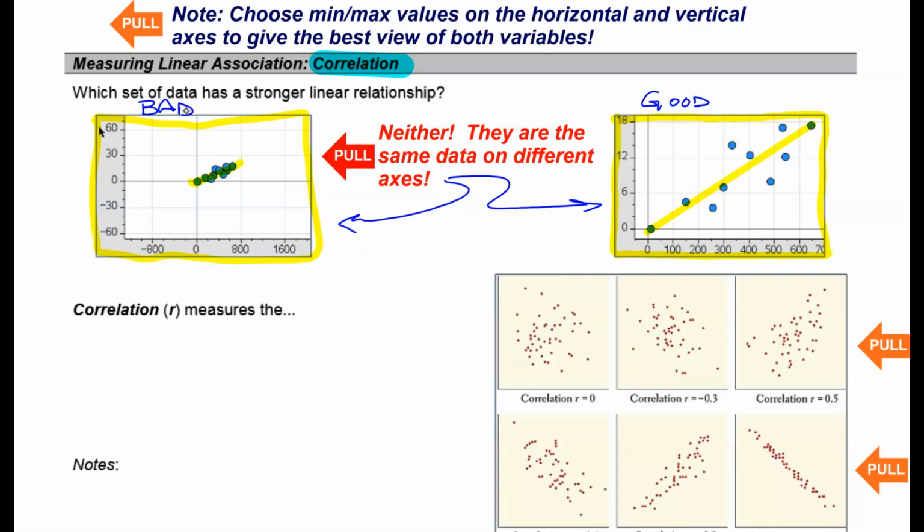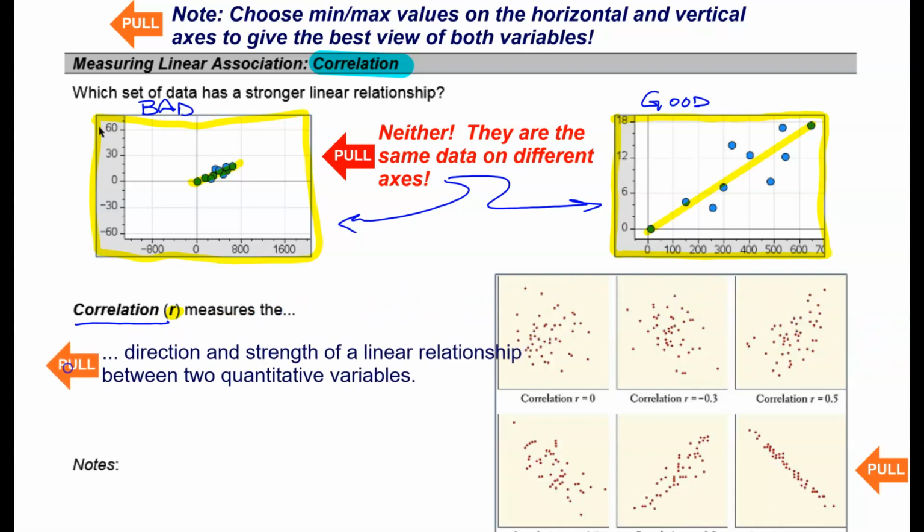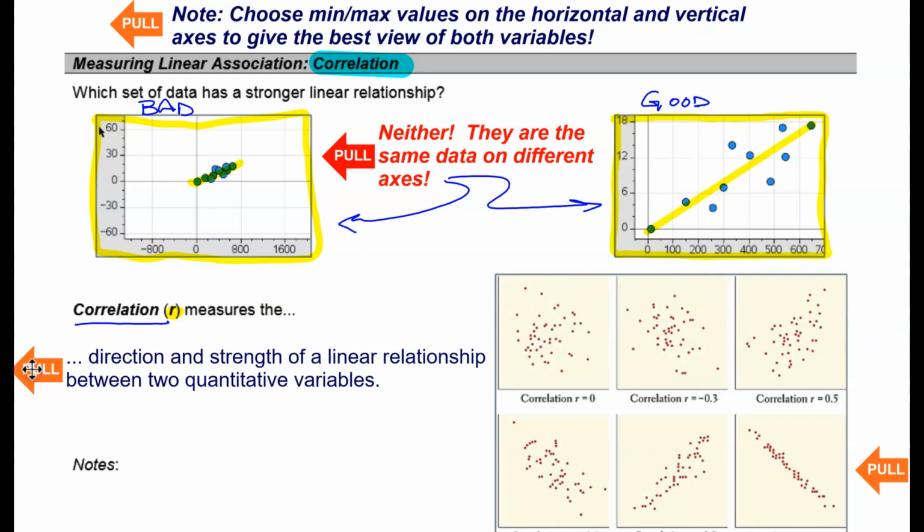All right, so now let's talk about this thing that I mentioned is a new vocabulary word called correlation. We use the lowercase letter r to represent correlation, and correlation measures the direction and strength of a linear relationship between two quantitative variables.